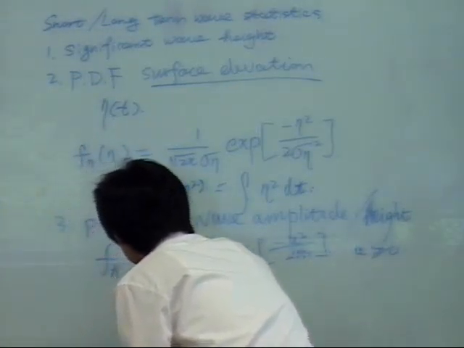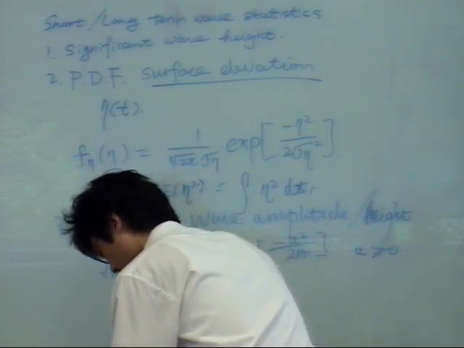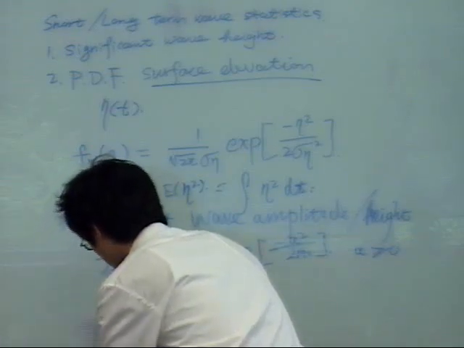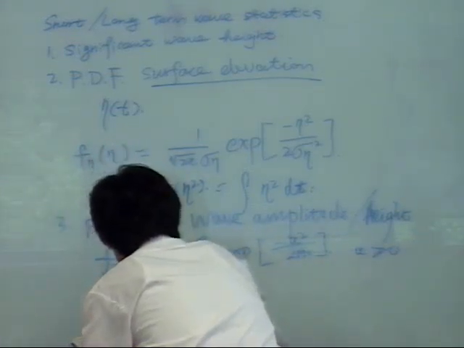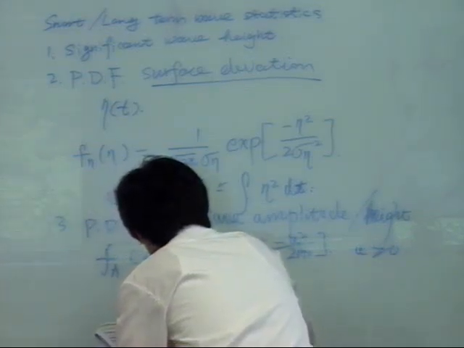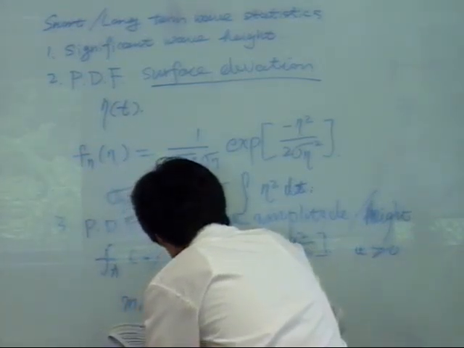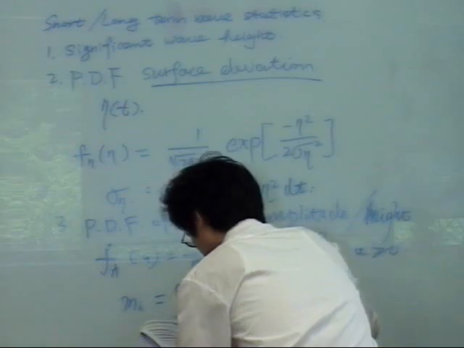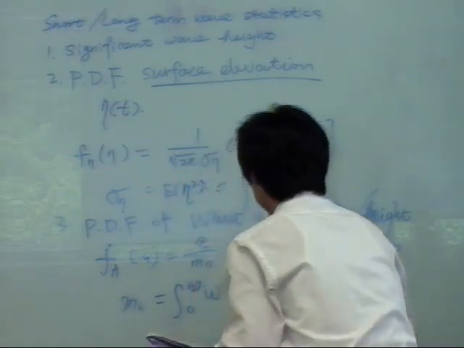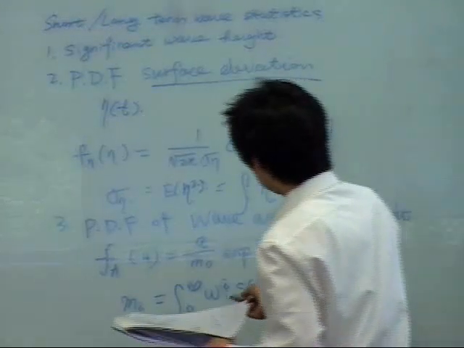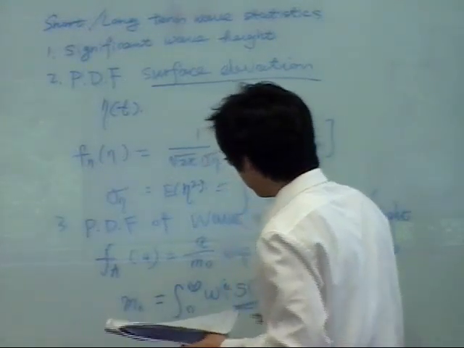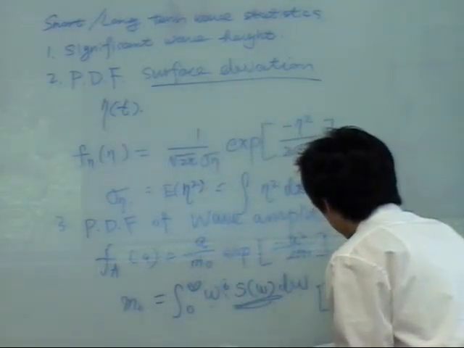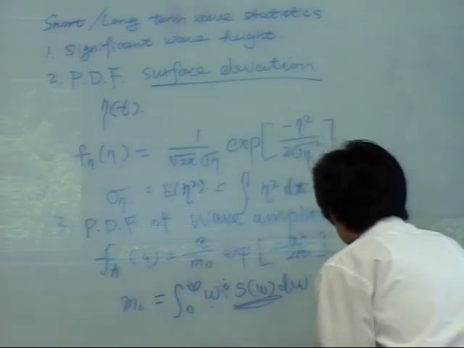Mi is called the spectral moment, the integral from 0 to infinity of omega to the i times S. This is the given spectra, and this is the frequency, and i is the corresponding order. This is called the i-th spectral moment.